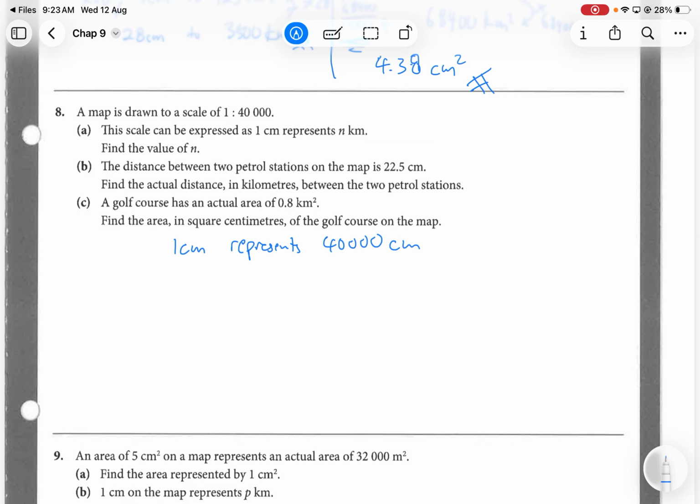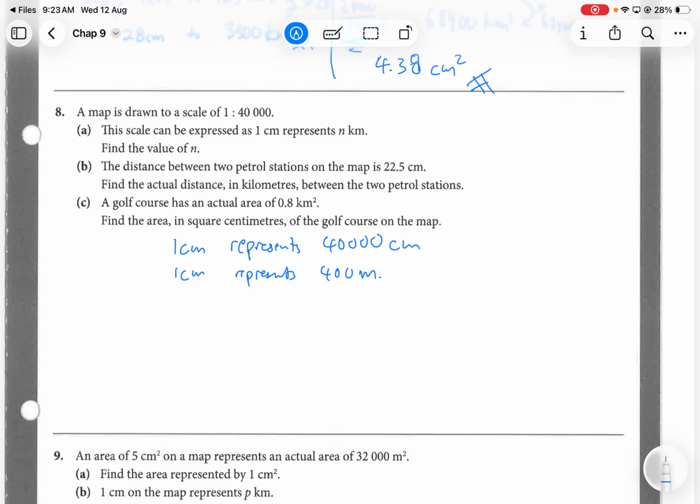Then I want it to be 1 cm to kilometer. So I must go and convert 40,000 cm to kilometer. I divide by 100 first to change to meter. I don't remember straight away how many zero to become kilometer. But I know 1 meter is 100 cm.